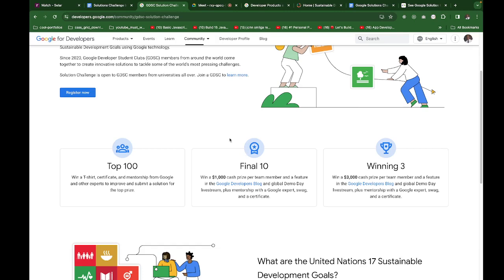Then when all teams submit their solutions, they are reviewed and cut down to the top 100, who have some prizes to win, like a T-shirt, certificates, and mentorship from Google to rebrand and iterate on their solution and then proceed to the next level.